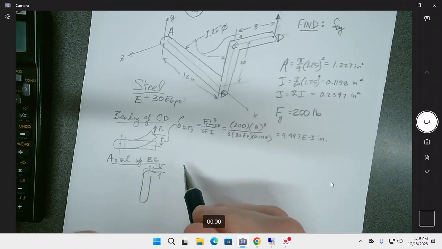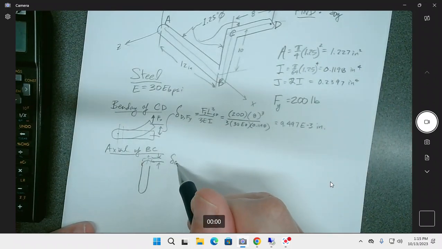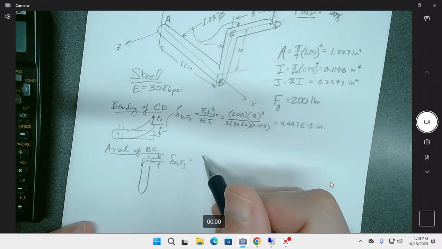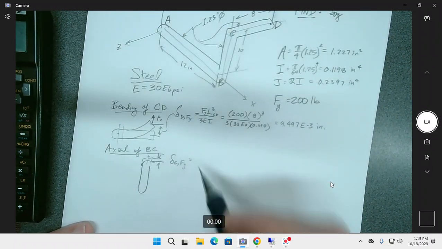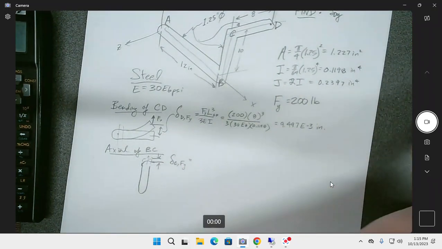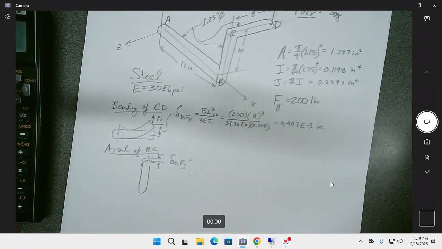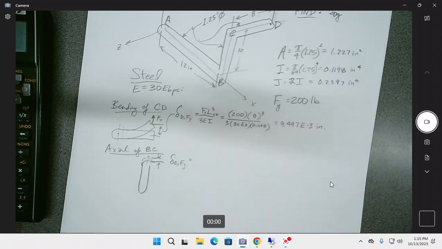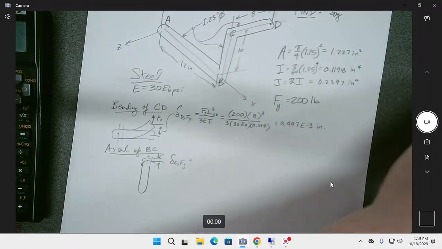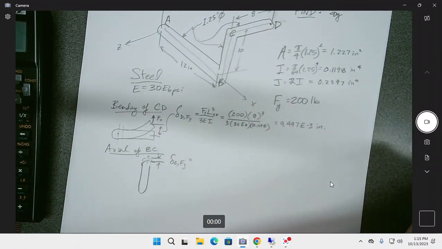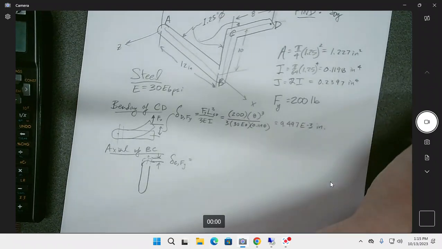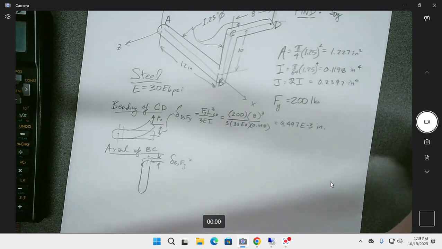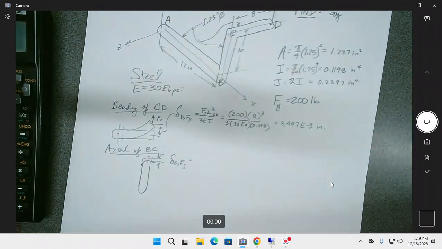I didn't draw it very well. Del of C, I guess due to Fy, sure. So that's going to be, we found this, I could try to memorize it, right?